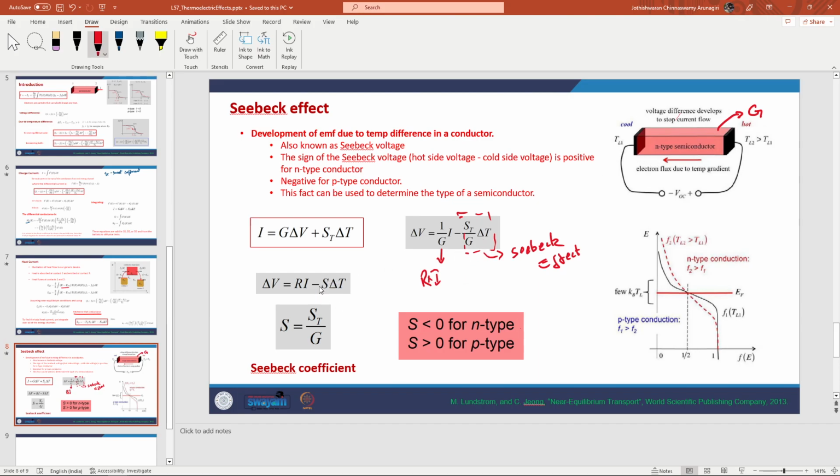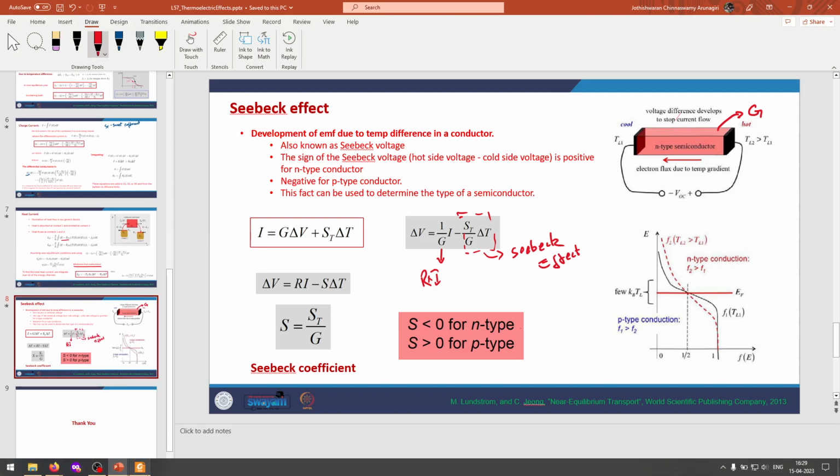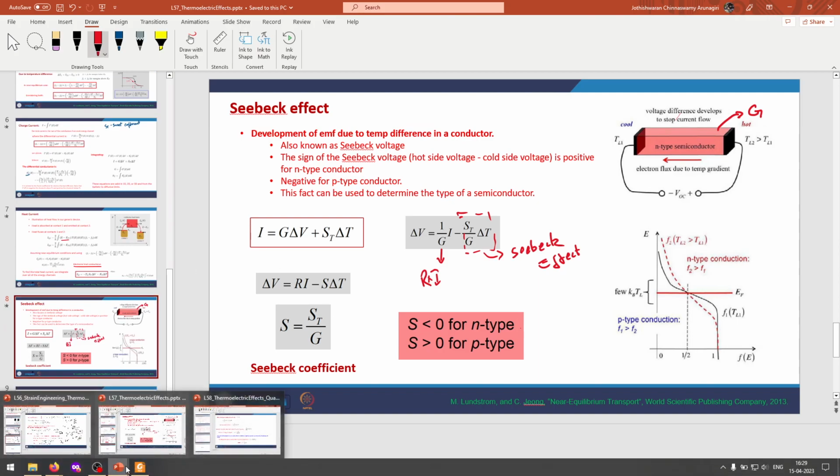So S times delta T is the Seebeck voltage, and the Seebeck coefficient is given by the Seebeck coefficient divided by the conductance of the material. Again, all of this is for small voltages and small temperature differences. So yeah, that is the Seebeck effect. This slide ends with the discussion of the Seebeck effect.